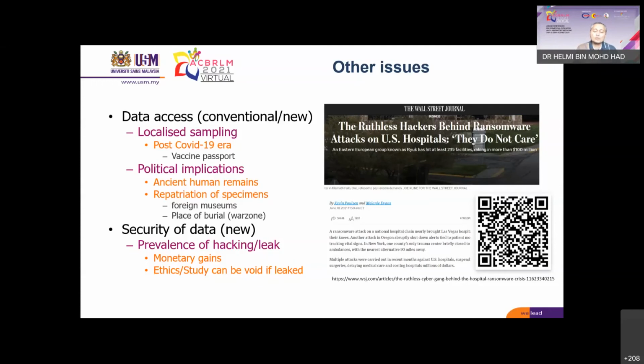And then we are now dealing with security of new data. Security of your virtual data is now very important because there is a lot of prevalence of hacking, and hackers have not yet targeted Malaysia.